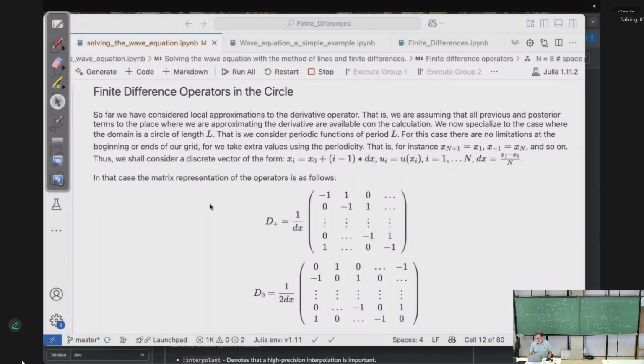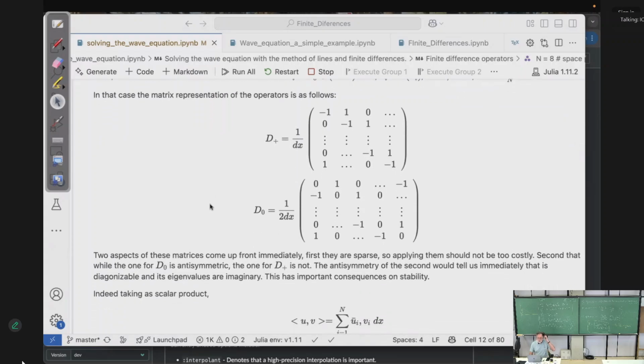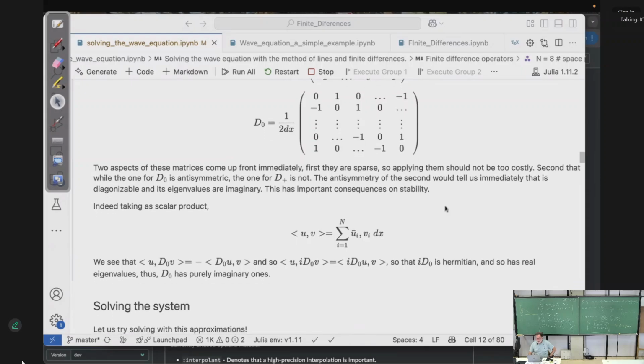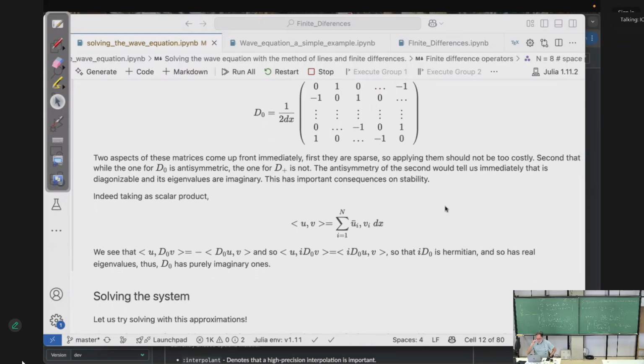And here are the matrices for the plus and the 0. You notice that this matrix is not antisymmetric, but this matrix is antisymmetric. We saw that that implies that the D0 has purely imaginary eigenvalues. This is because if we take a scalar product like this, U bar times D0 U, there shouldn't be any comma here.